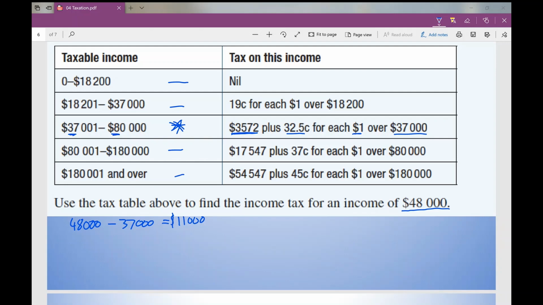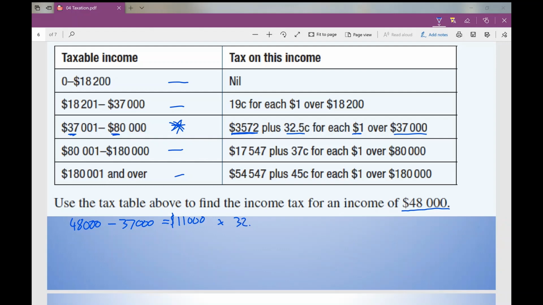Now, this $11,000 will be taxed at a rate of 32.5 cents for every dollar. What this actually means is that this is taxed at a rate of 32.5%. And we know how to find 32.5% of 11,000. We spent a lot of time doing it in our last maths lesson.